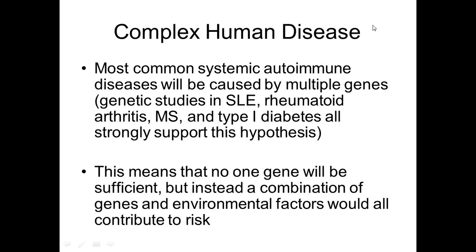I referenced this idea a little bit on the previous slide too, that probably most times lupus is caused by many genes coming together in a given person. There are some rare familial cases where it runs really strong in a family and every single generation is affected, and we found a few single gene variations that seem like they can cause lupus almost all by themselves.